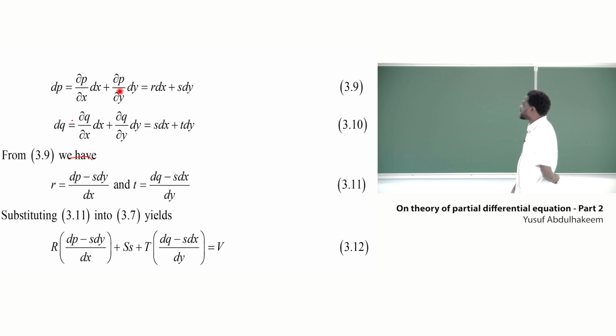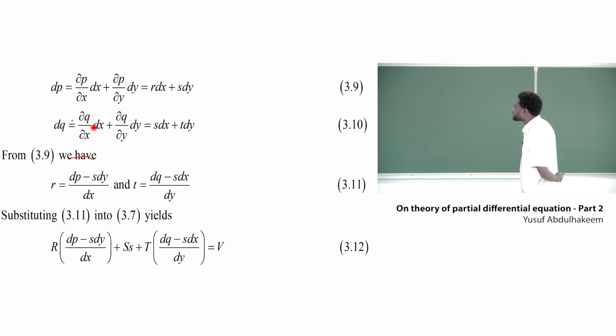Already we know that our ∂p/∂x is the same thing as ∂²u/∂x², which is equal to r. And the same thing with ∂p/∂y, we have already been able to show this. So we have the differential equation reduced to this form.